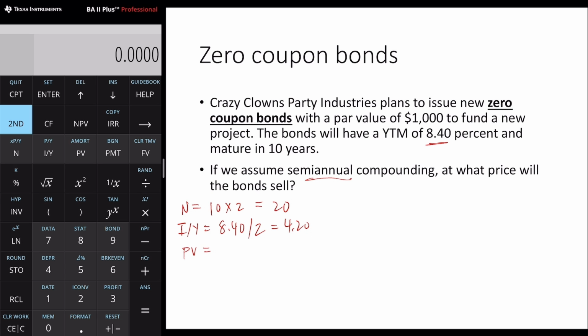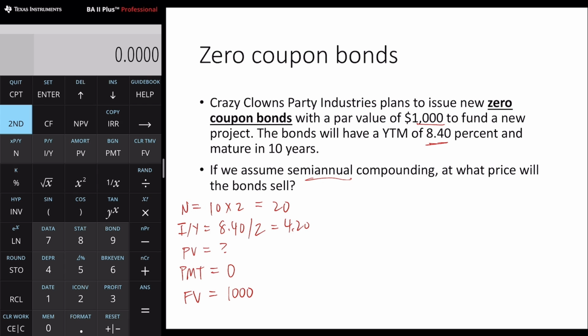The present value is the price of the bond. That's what we don't know. The payment amount, remember the definition of the zero coupon bond is that it pays no coupon, so that's easy, 0. And the future value is par, which is 1,000. All right, you see that setup?